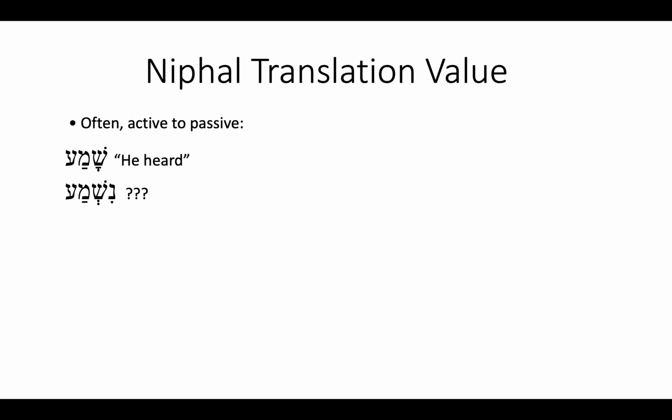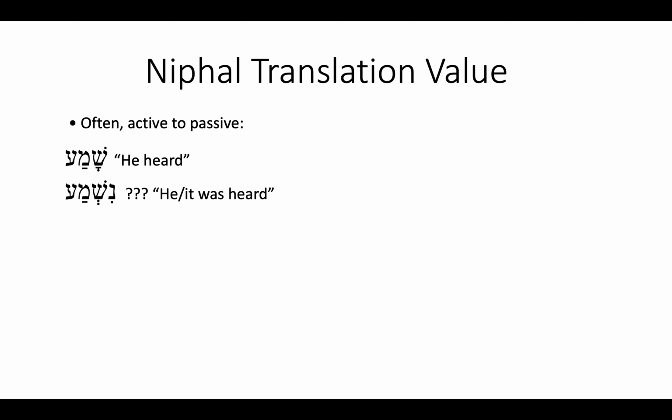Niphals have that nice nun at the beginning of them in the perfect. So that would be he or it was heard. If you add the sort of helping verb, was or were, depending on whether it's singular or plural, that will often get you a long way in getting the passive value to the verb.